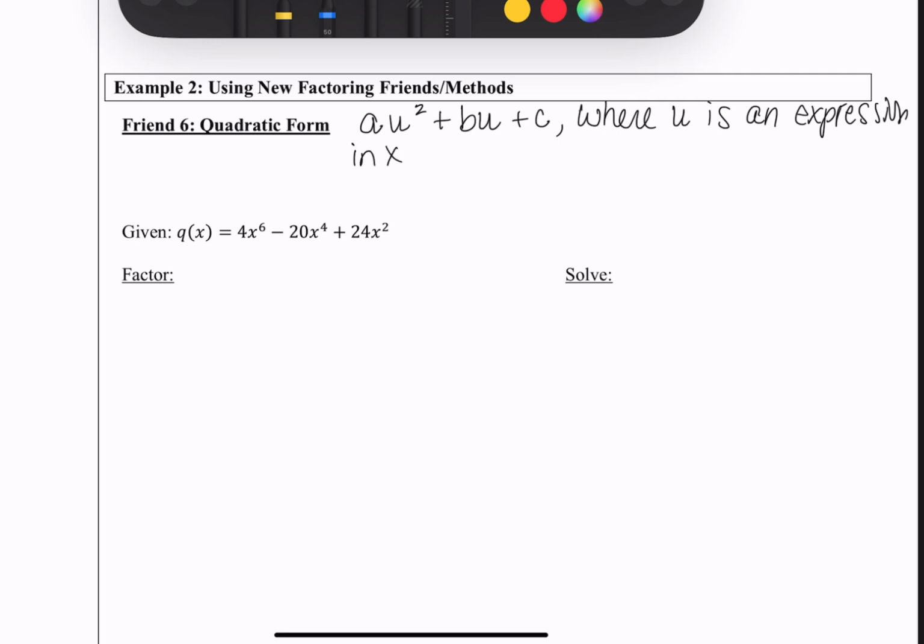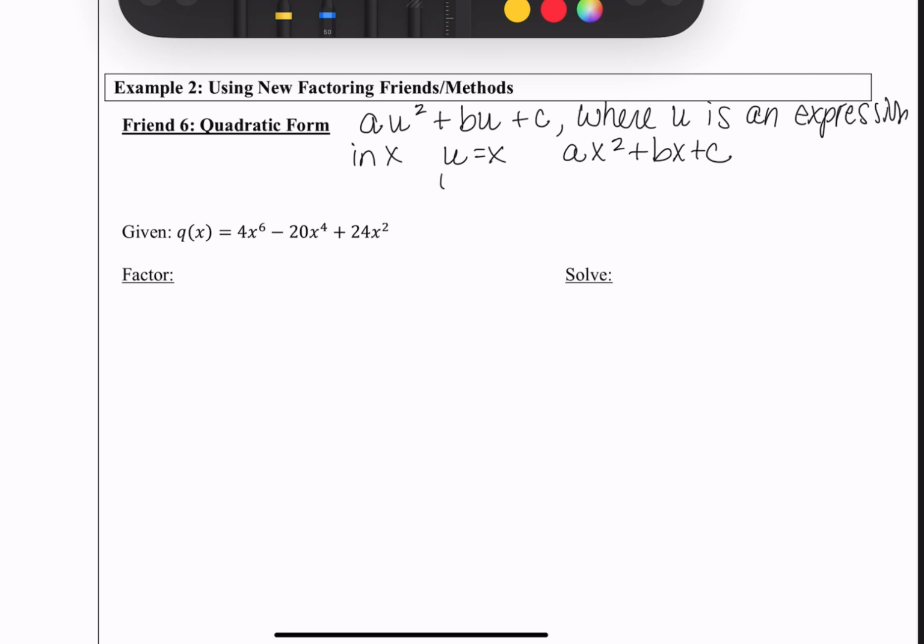Wouldn't that make sense if I plugged in, for example, u equals x? Then I get a, and instead of u, I've got x, so I have ax squared plus bx plus c. I got standard form of a quadratic all over again.